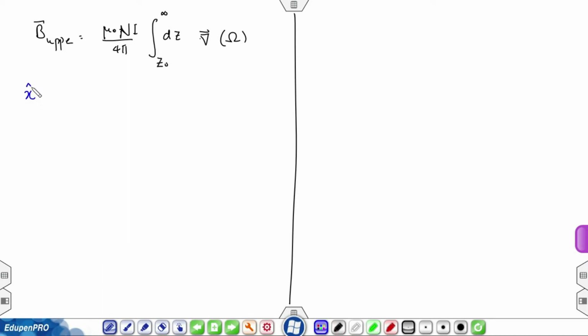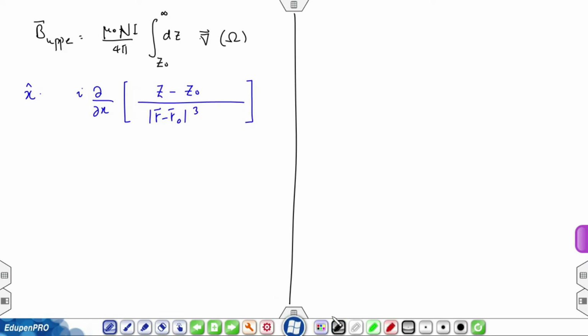X component is I d by dx of (z minus z0) over |r minus r0| cubed. This is going to give some x component.